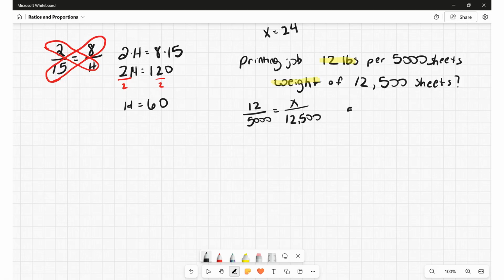So this is going to tell us that 5,000 X is equal to 150,000. And when we divide both sides by 5,000, we discover that the weight of this print project would be 30 pounds.